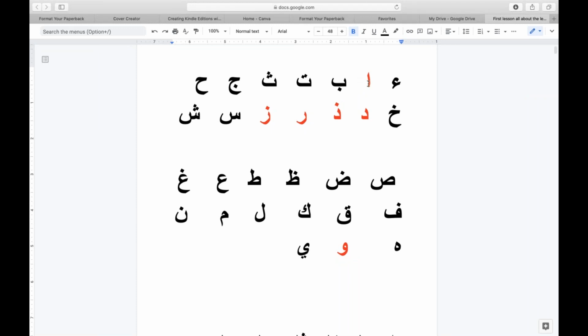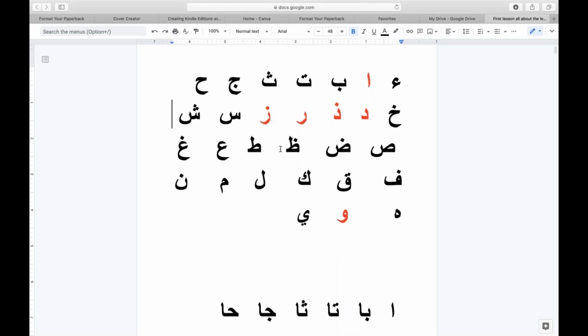But these letters have just two shapes, no more than two, okay?